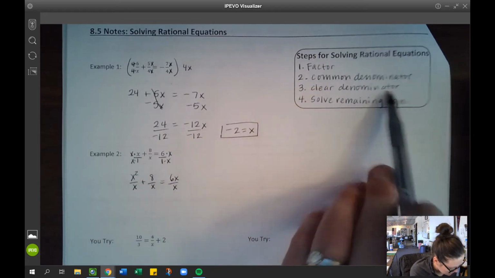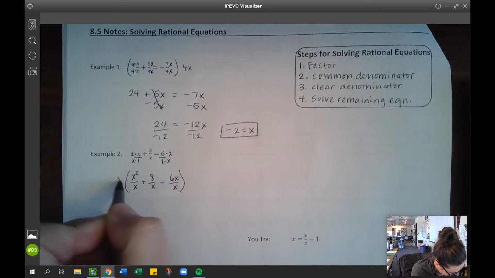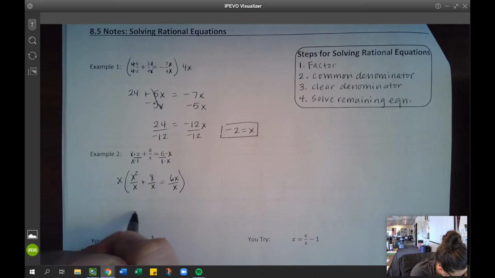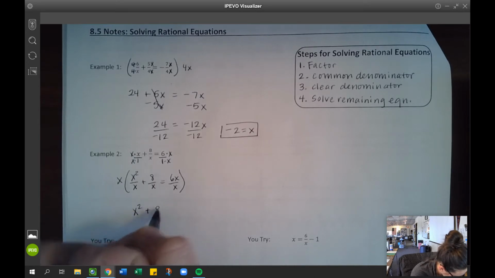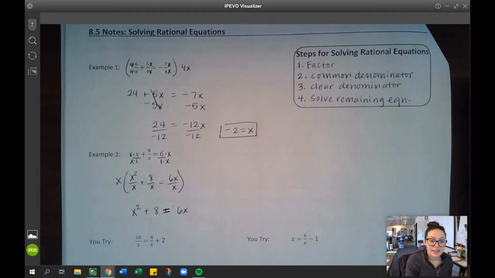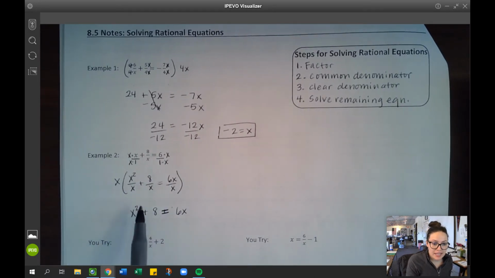I'm going to clear that out. So by multiplying everything by x, I'm simply left with whatever my numerators are. Now, the equation that we're left with is a quadratic equation because it has x squared.